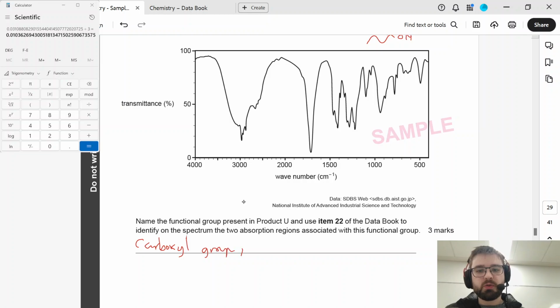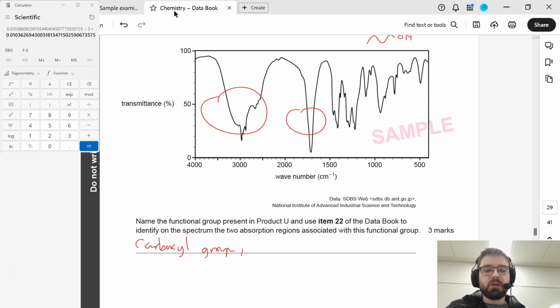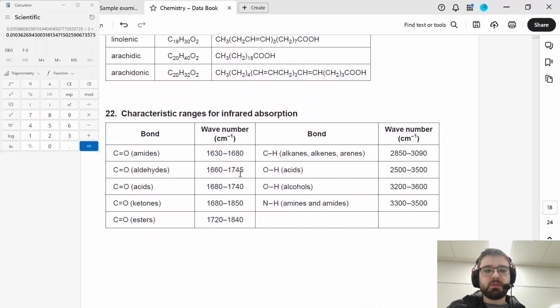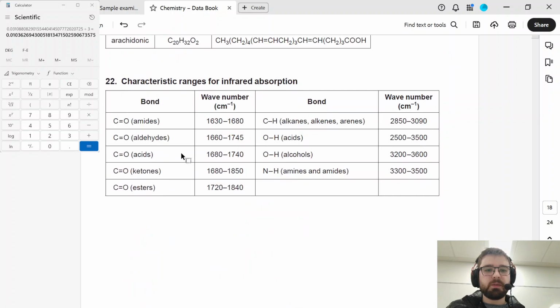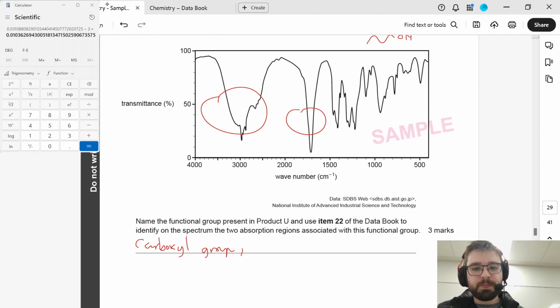To identify on the spectrum the two absorption regions associated with this functional group, it's 100% just the OH here and the C double bond O. So just to be super clear, I'll copy it out from here. The acids is 1680 to 1740.